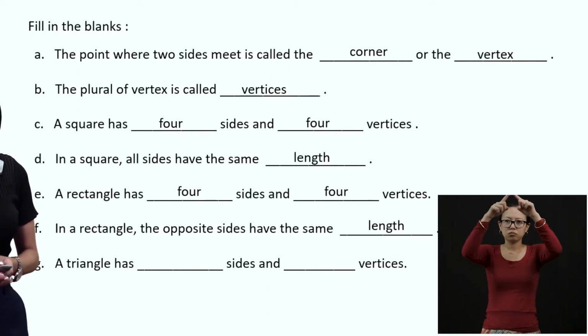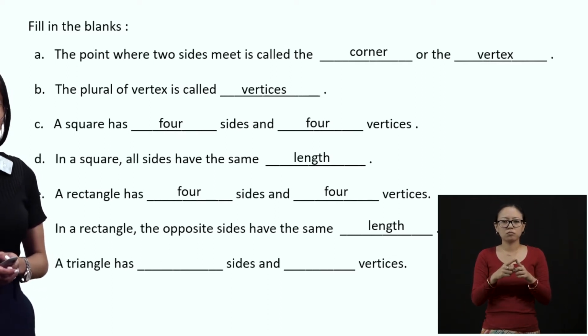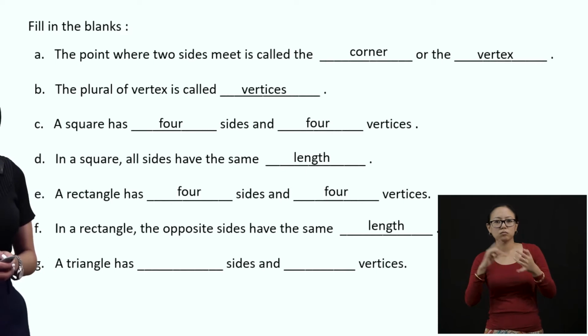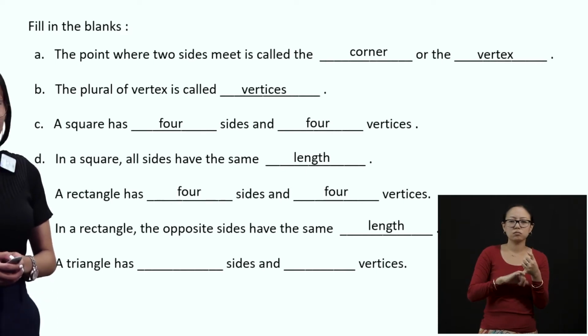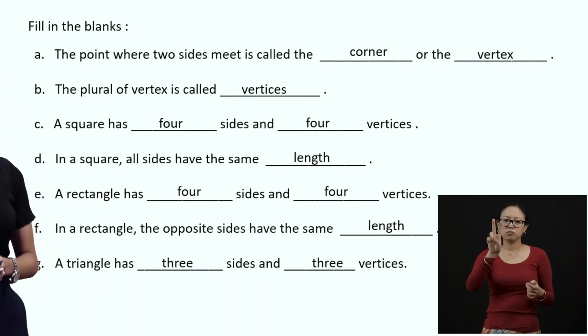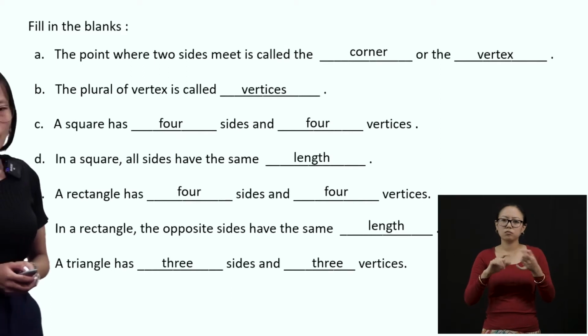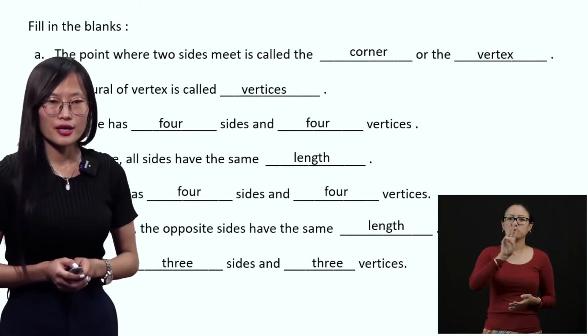A triangle has dash sides and dash vertices. So it has three sides and three vertices. I hope you have learned about plane shapes.